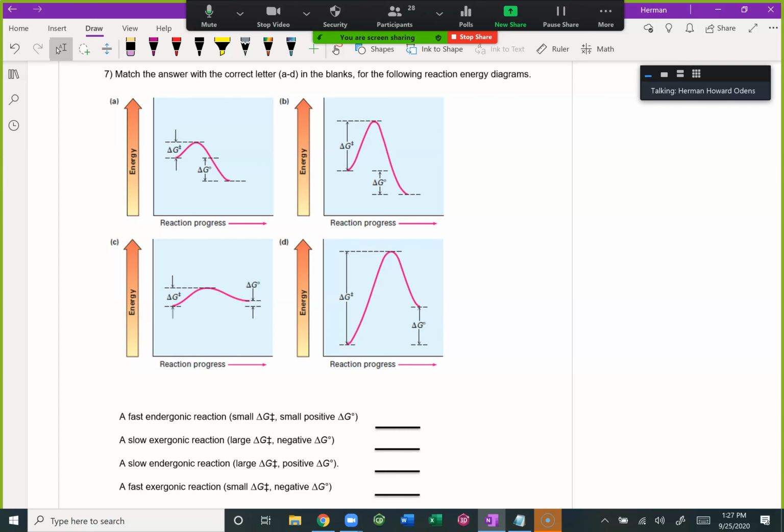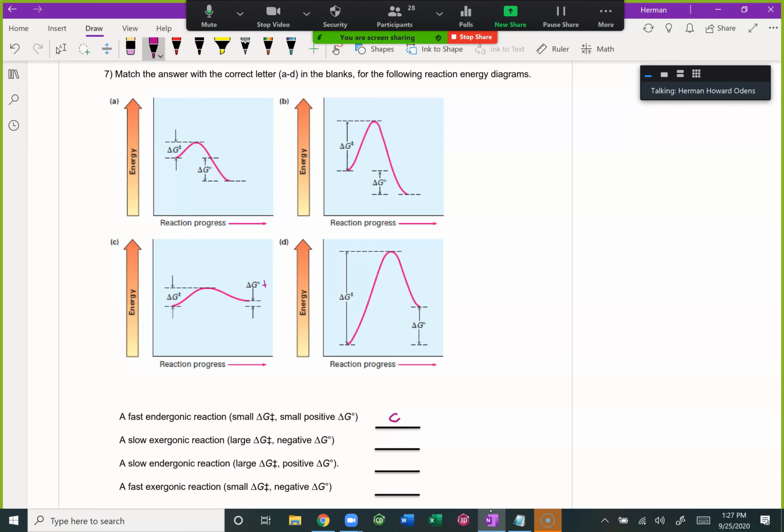First one, a fast endergonic reaction with a small delta G double dagger and a small positive delta G0. Is it A, B, C, or D? C. So that will be C. And that's right. So here's your small delta G that is plus.